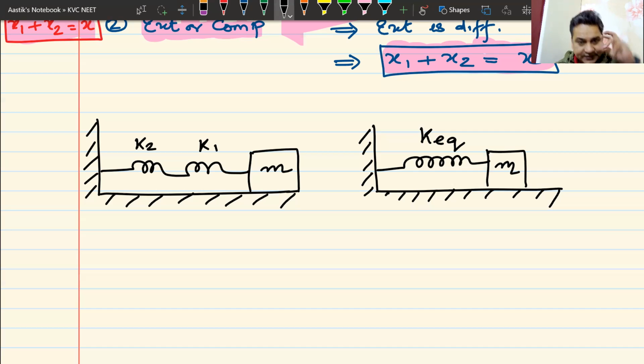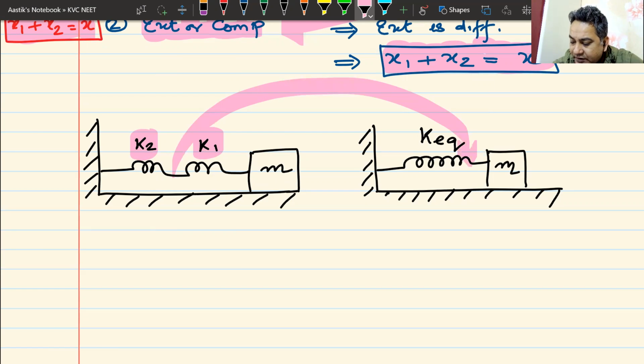Now, if we get two springs attached like this, instead of thinking of them as two springs, we can think that they are only one spring.